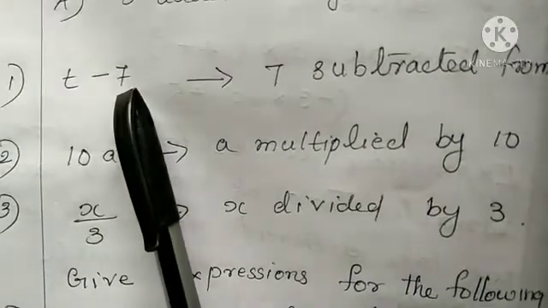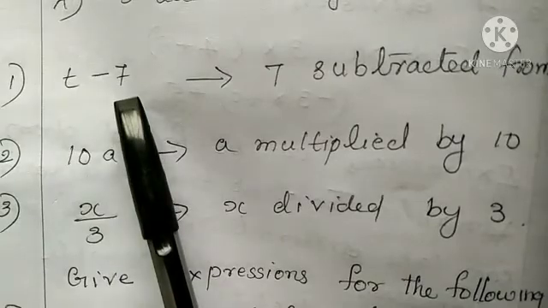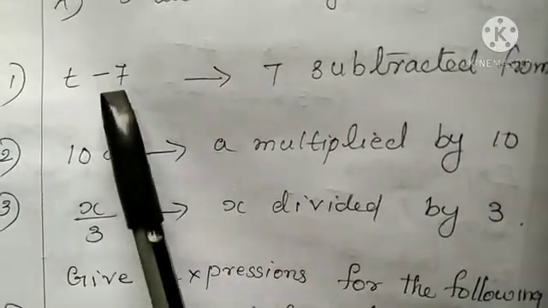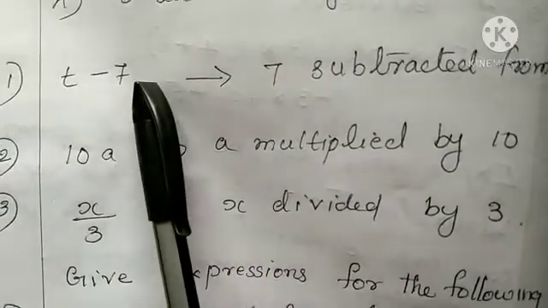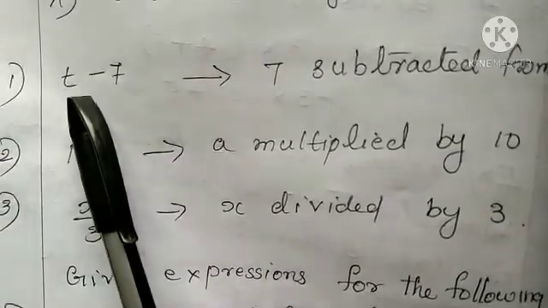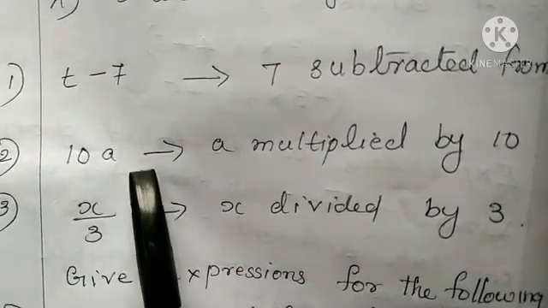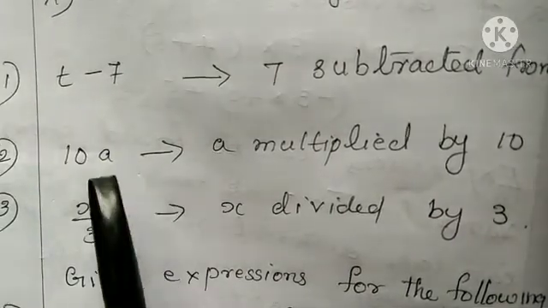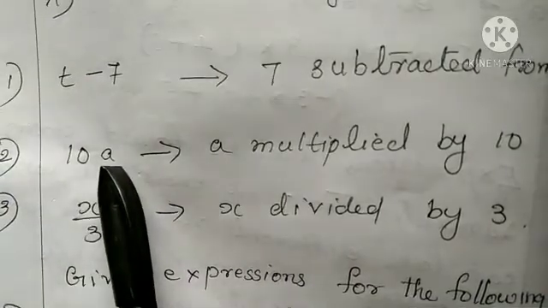Next expression, t minus 7. How is the expression t minus 7 formed? 7 subtracted from t. The meaning of this expression is 7 subtracted from t. Understood? 10a. What is the meaning of 10a? a multiplied by 10 or 10 multiplied by a.